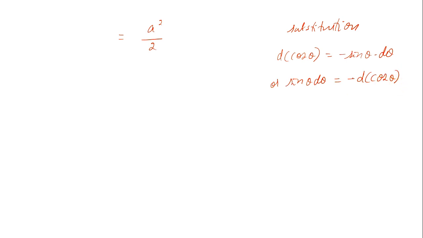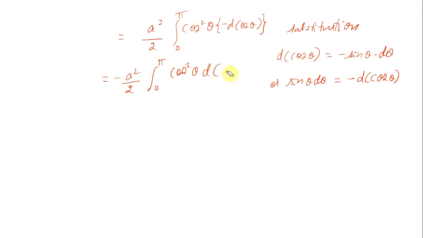So therefore you can see this is integration 0 to pi cos square theta, just substitute minus d cos theta. So minus I will take outside. So this will give you minus a square upon 2 integral 0 to pi cos square theta into d cos theta. Yes, friends, easily you can see here that this integration is looking like this.